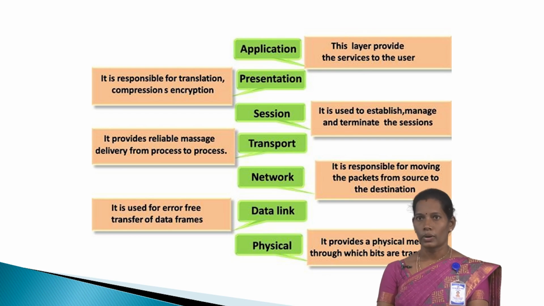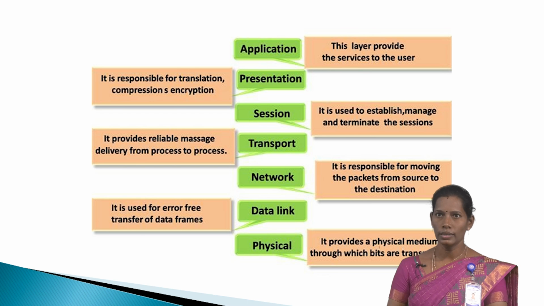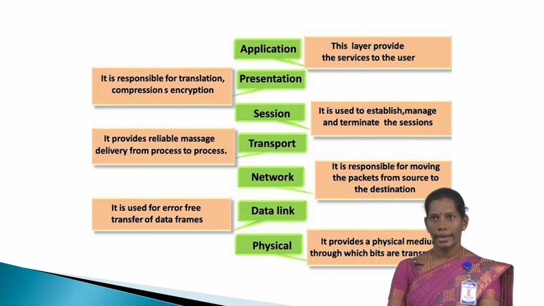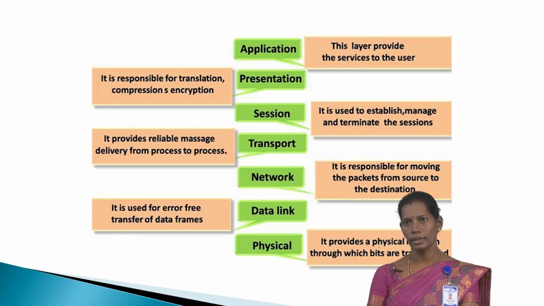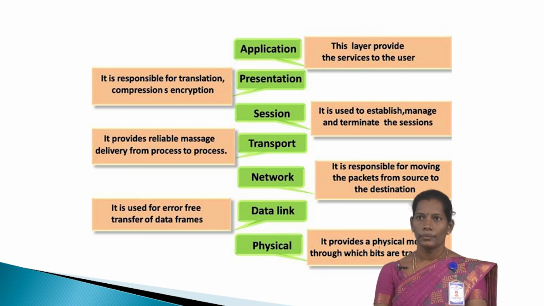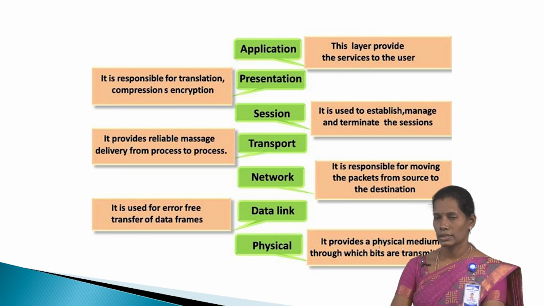Functions of the OSI model. These are the 7 layers of the OSI model: physical layer, data link layer, network layer, transport layer, session layer, presentation layer, and then application layer. These are the examples of layers.